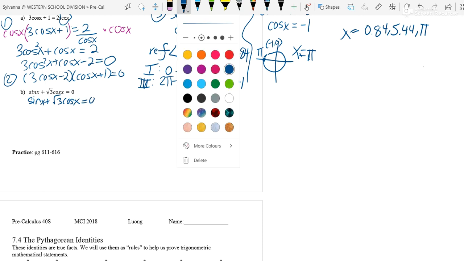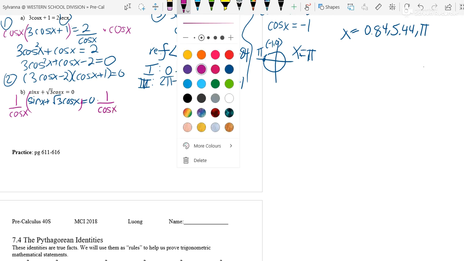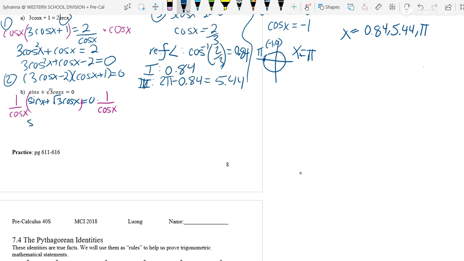So I'm just going to multiply both sides by 1 over cos x. Then I have sine x over cos x plus root 3.